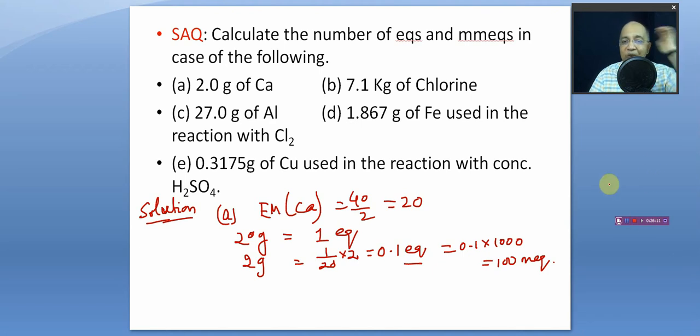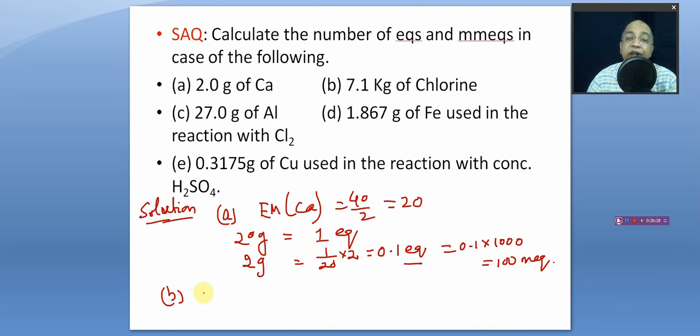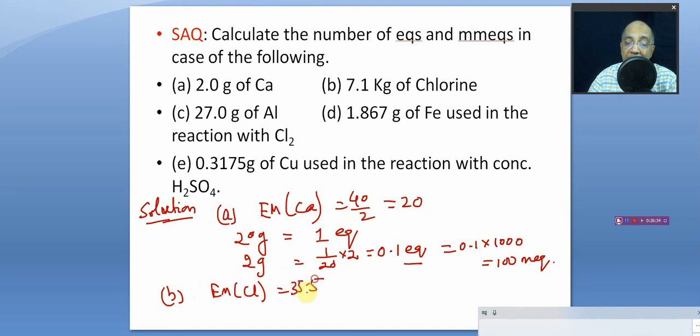Similarly, the next one, 7.1 kg of chlorine. When I say chlorine, you have to take 35.5. Equivalent mass of chlorine is 35.5 by 1.